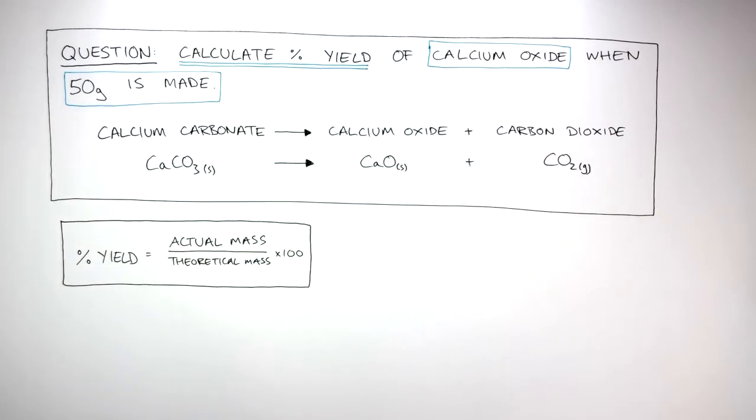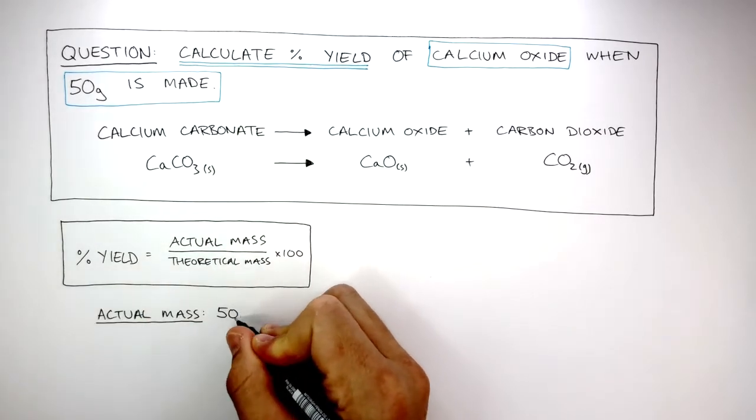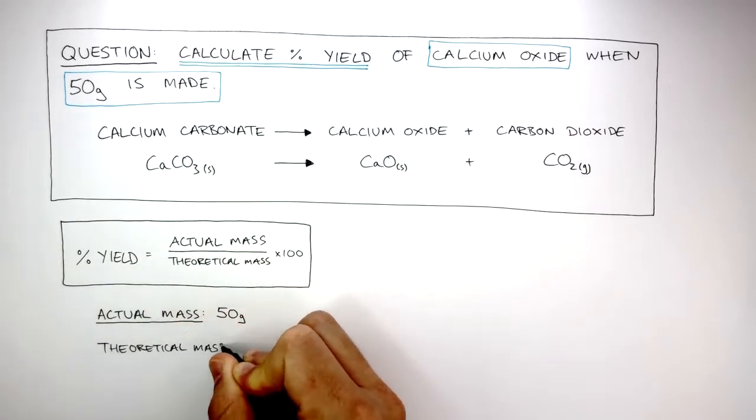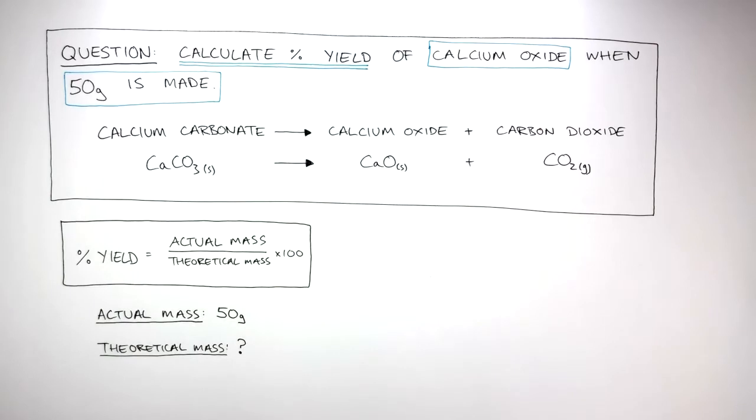The question tells us the actual mass is 50 grams and the theoretical mass is unknown. To calculate the theoretical mass of calcium oxide, we need to know the MR and the moles of calcium oxide. So the MR is 56 and the moles is 1. We can see that from the balanced symbol equation.